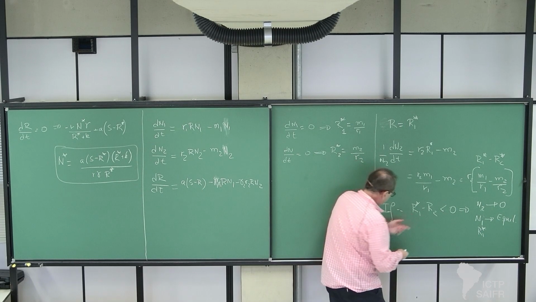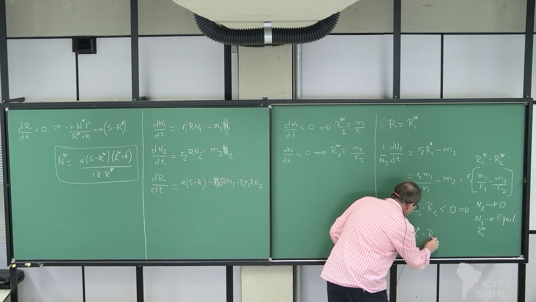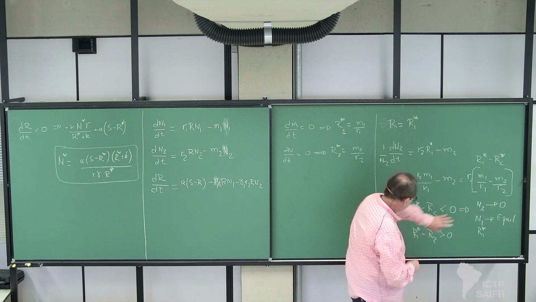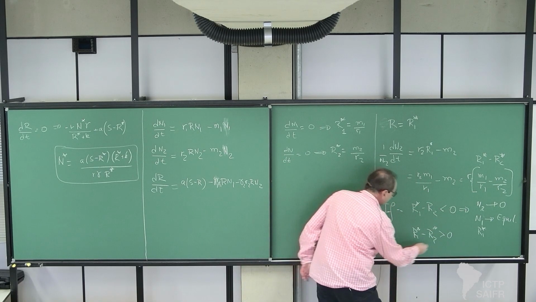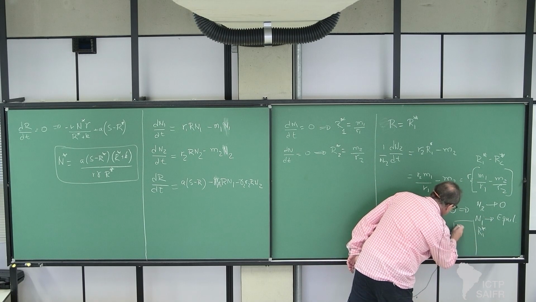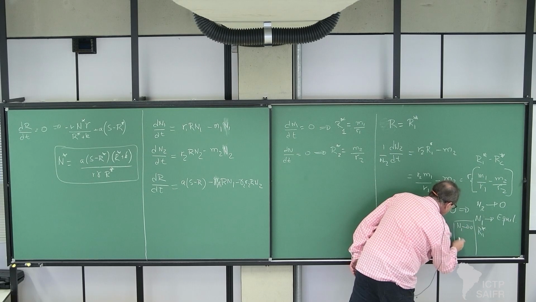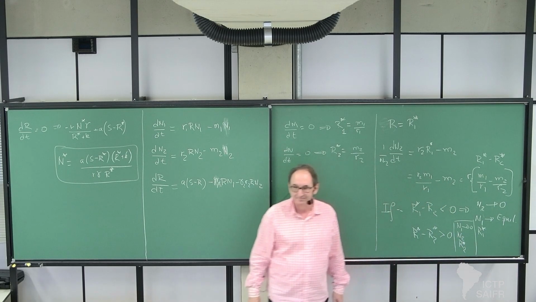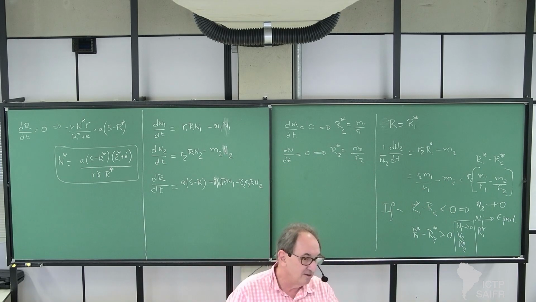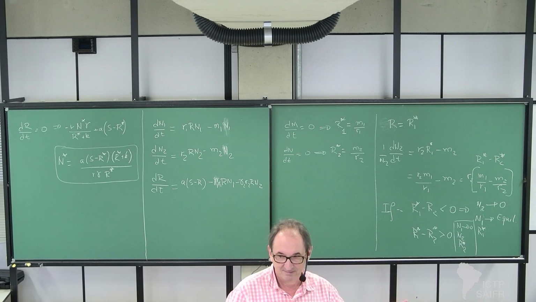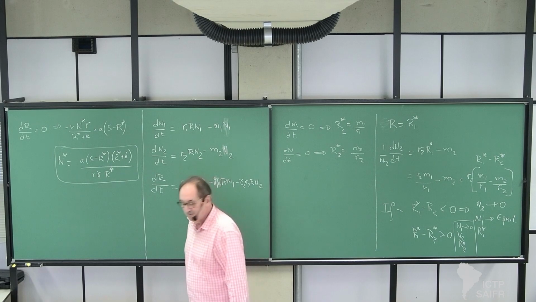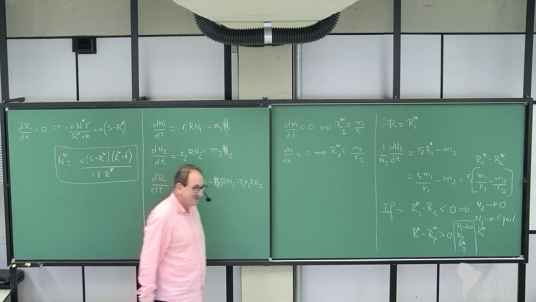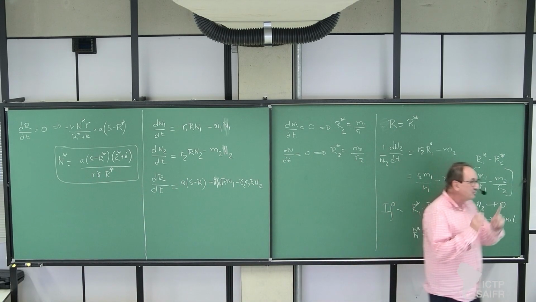Therefore, if R1 star minus R2 star is positive, then you get the contrary: N1 will go to 0, and I have equilibrium between N2 and R2 star. So always elimination. No way of coexistence, different from what we had before. No way of coexisting on only one resource.